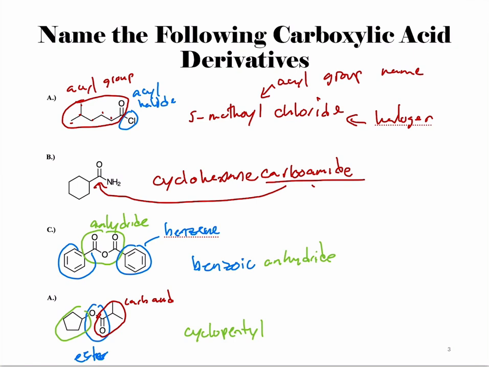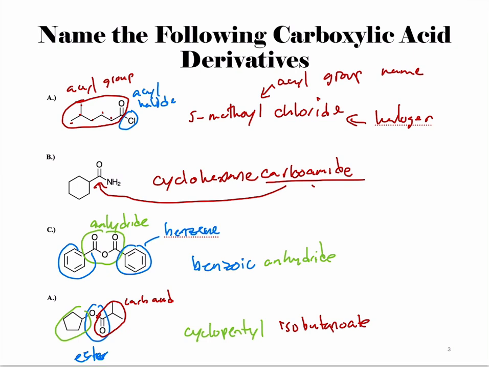And then on the carboxylic acid side, we see 1, 2, 3, 4. So we have isobutyl, it's going to be the group itself. Instead of butane, it's going to be butanoate.